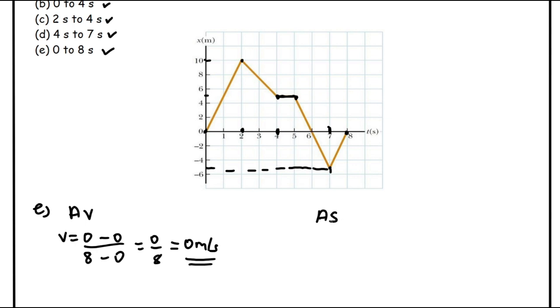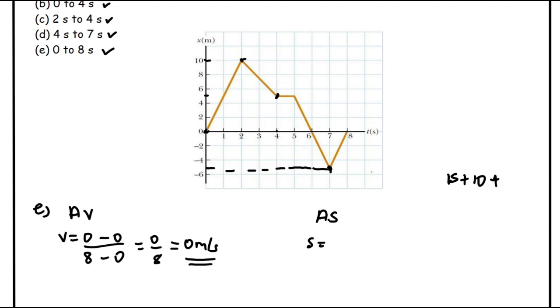Now let's go to the average speed. Average speed is the total distance that he moved in this entire time interval. So let's count the distance. In the first part, he moved from 0 up to 10, so that's 10, plus 10 to 5, that's 15. Plus another 10, when he moved from 5 to negative 5.